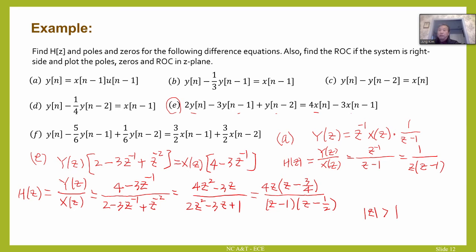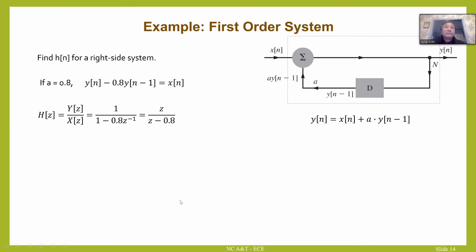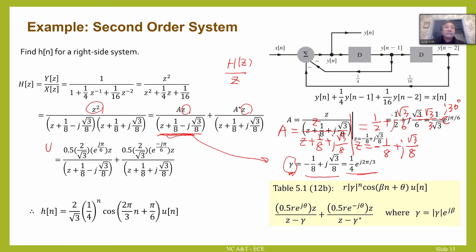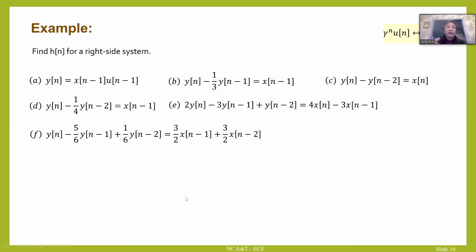So we're going to go back here. In the case of this example, we found H of z was 4z, z minus 3 over 4, and z minus 1, and z minus 1 over 2.